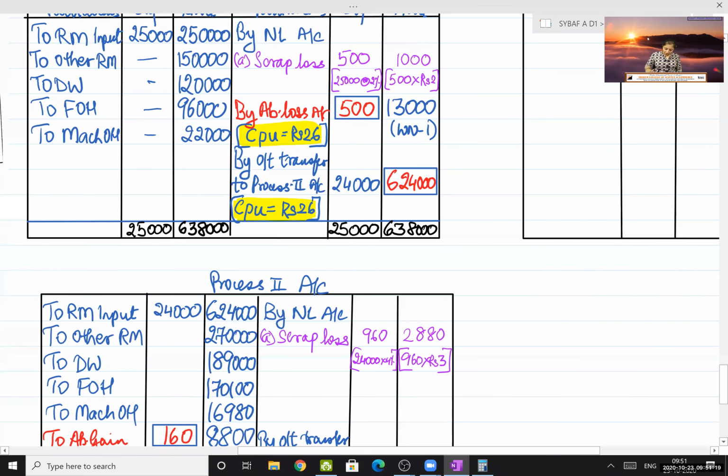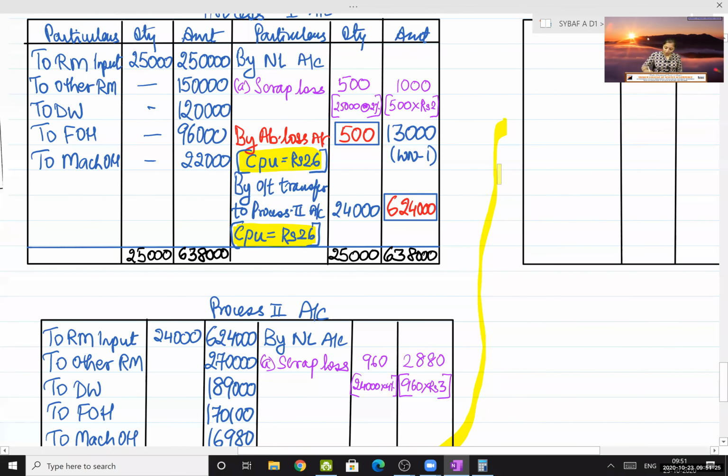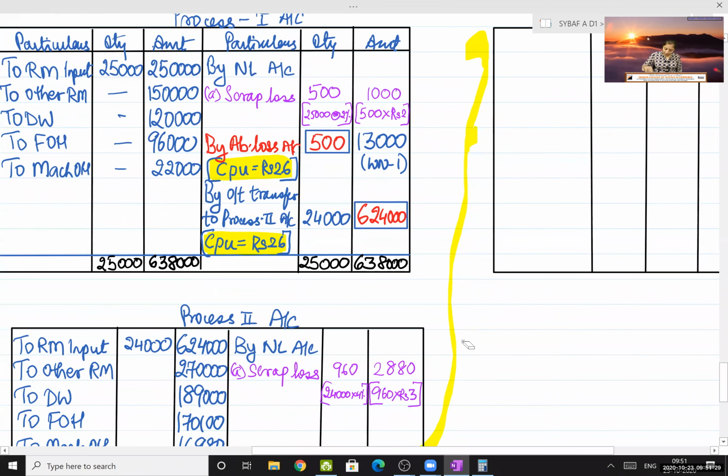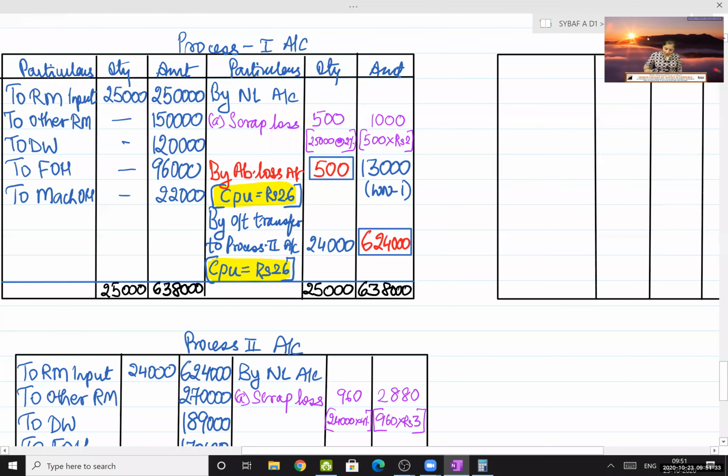फिर ये जो output है, this output will become what? Input for what? For this process third के लिए. ठीक है? That we will do in the next lecture. Fine?